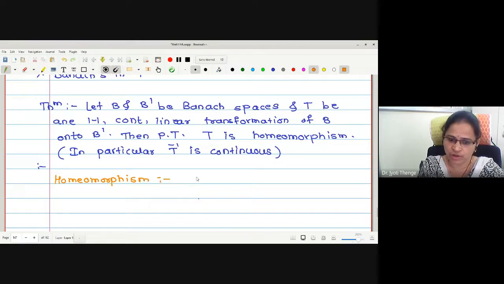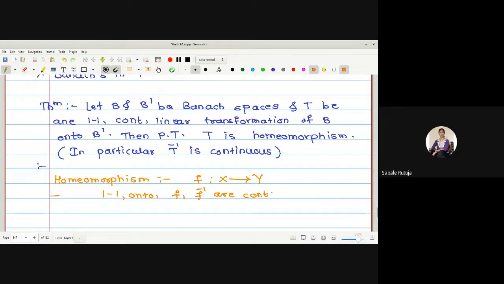Let me just recall. If F is a mapping defined from X to Y, then F is a homeomorphism if F is one-one, onto, and F and F inverse both are continuous. Correct, no?